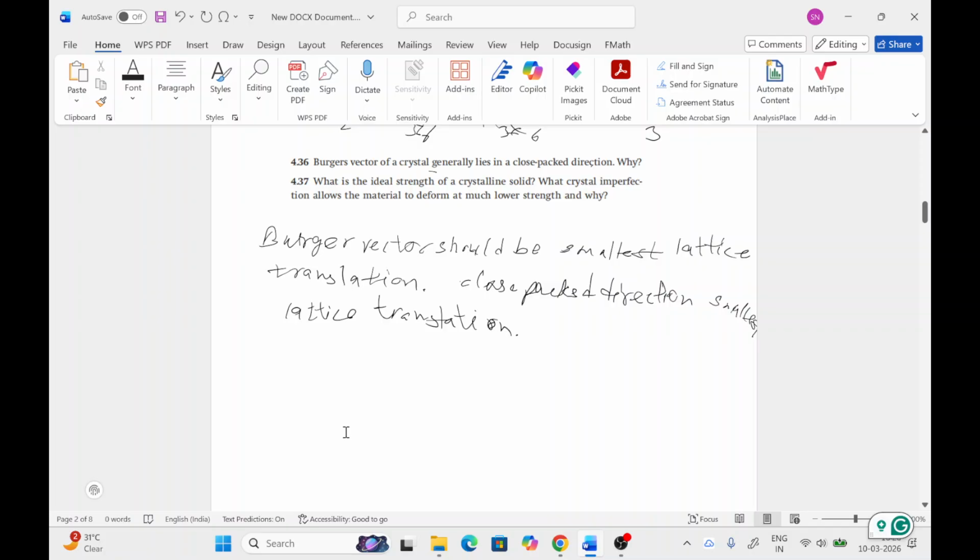For FCC, the close packed direction is 110.